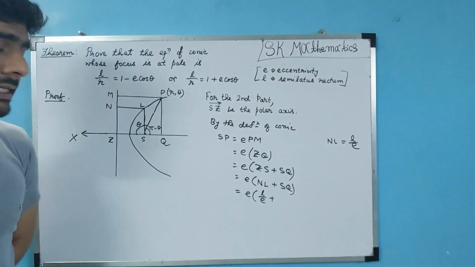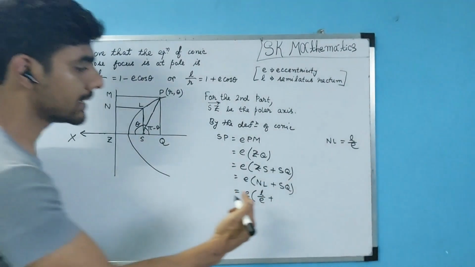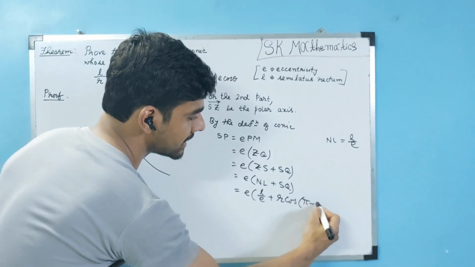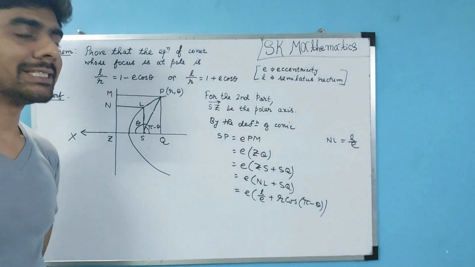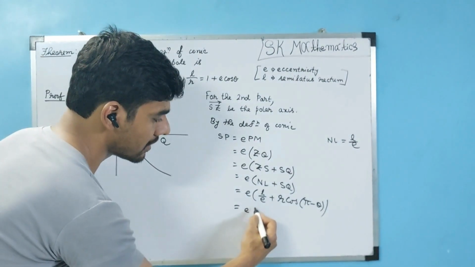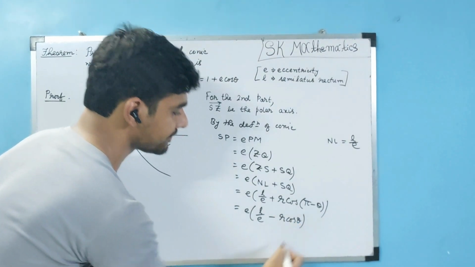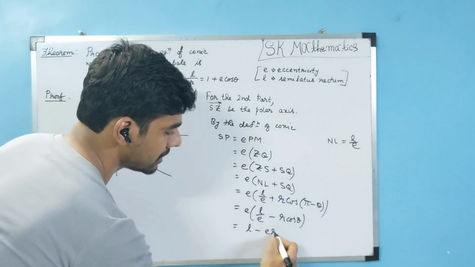As you can see in the previous part, SQ was r cos theta, but here we will get SQ as r cos (pi minus theta). Now you know that cos (pi minus theta) is equal to minus cos theta, so we will get minus r cos theta. So this is L minus e r cos theta.